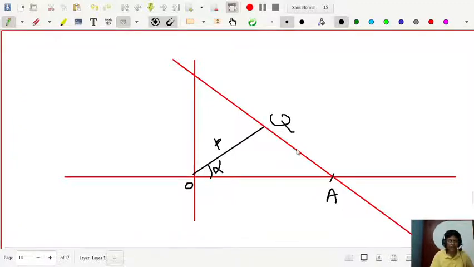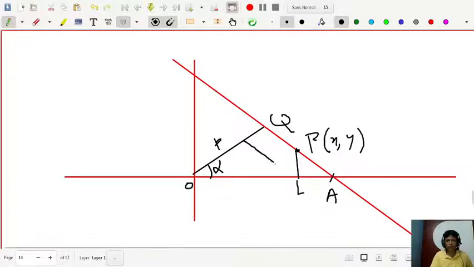Let's take any point P (x, y) on the line and draw perpendiculars, that is PL and PM. Suppose this foot is N and this is M.